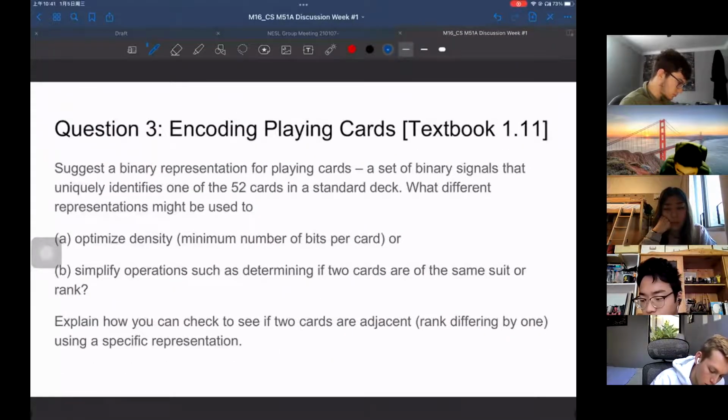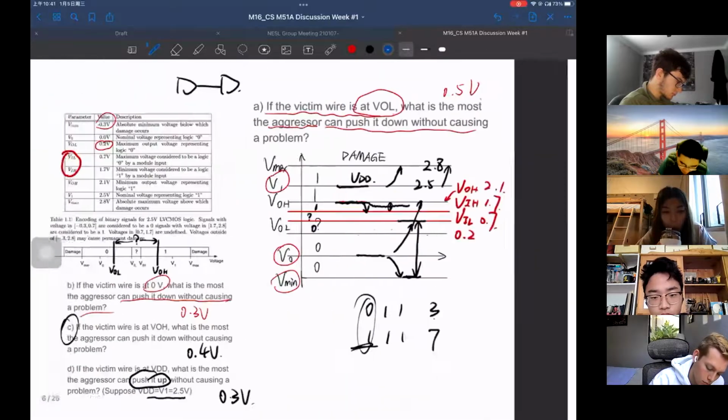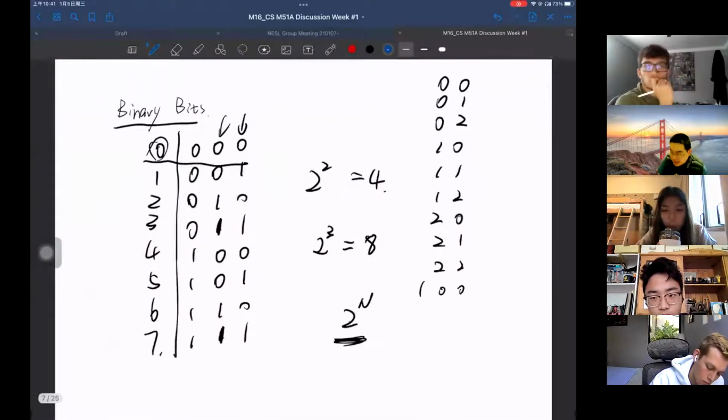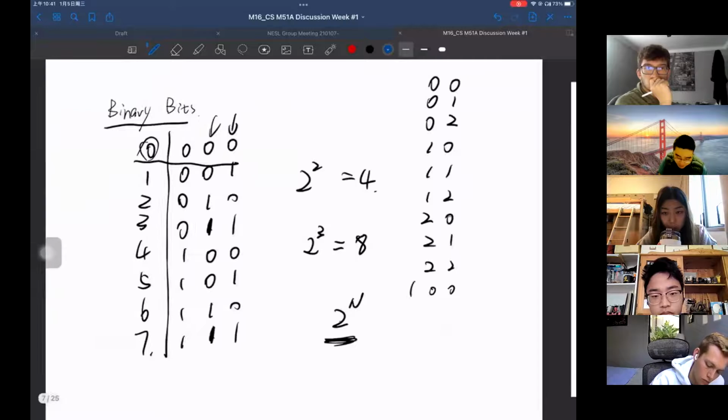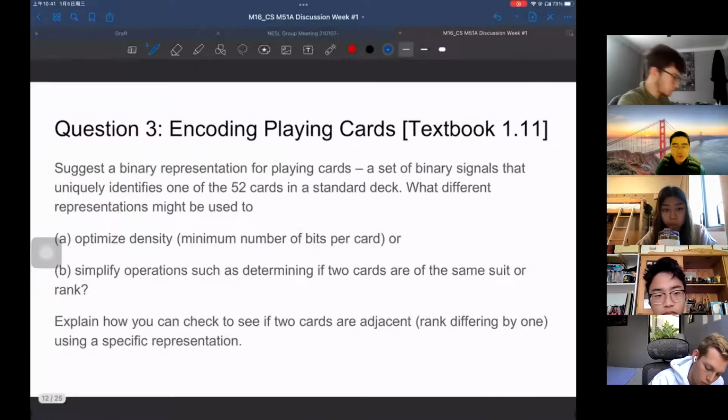This is a simple question I'm going to have. Remember the hints I have here: how many different states can we represent using n bits in binary? Just for the many international students in the class, here are some definitions of suits and rank.